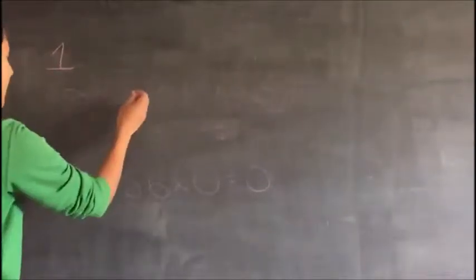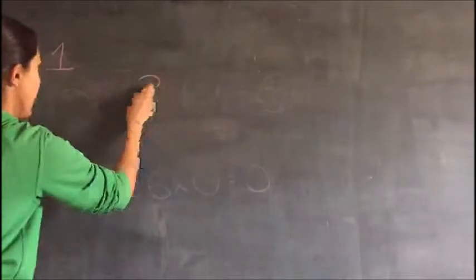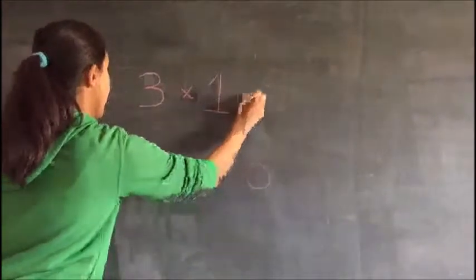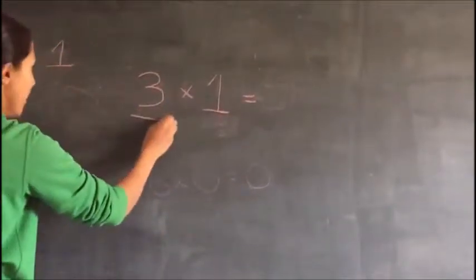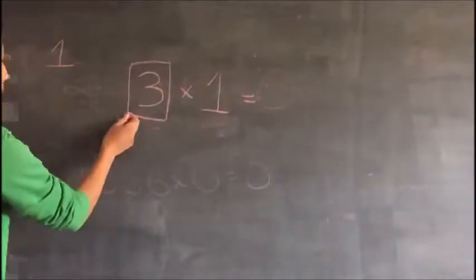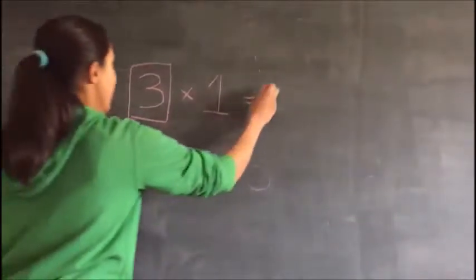So now that we have the Cookie Monster zero rule down, let's move on to the 1 rule. Now, another rule in multiplication is that any number, let's say for instance 3 times 1, is always equal to the number here. It is not equal to 1, it is equal to whatever number is being multiplied. So 3 times 1 is equal to 3.